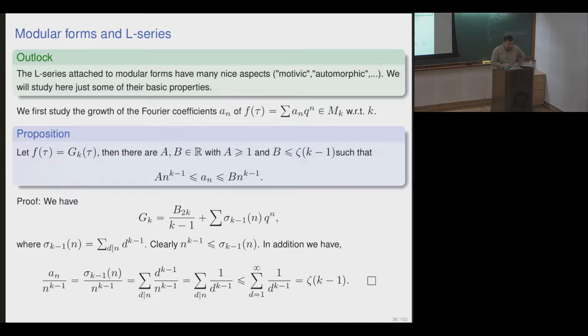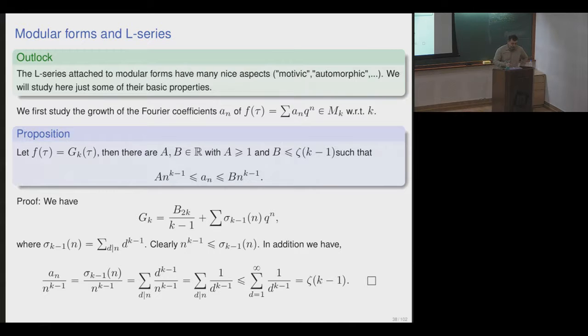In the other direction, we just expand this, and because d is a divisor of n, we can put it downstairs, and instead of summing only over the numbers that divide n, we can just add over all. So it's a very rough bound, and then we get this upper bound. So this is down to earth and very easy.